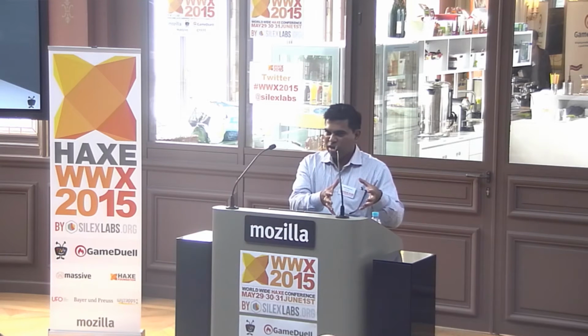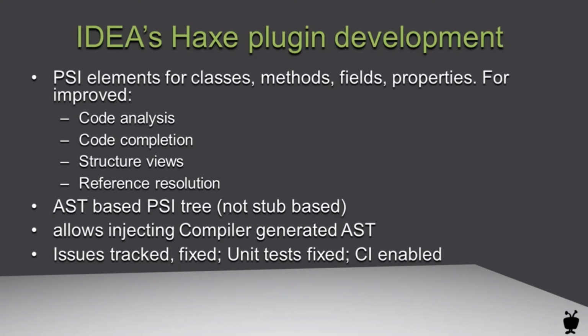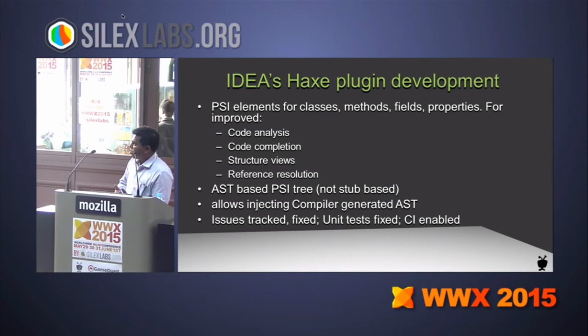That was lightweight and pretty easy to use, and IntelliJ IDEA was also providing some basic features like that, but it was not supporting the naturally powerful features that it has for Java, for example, the Java IDE. So we compared and saw where it was lacking, and it's the PSI or API compliance that they have internally for their plugins, which was essential for their code analysis, code completion, structure views, refactoring, and all this stuff.